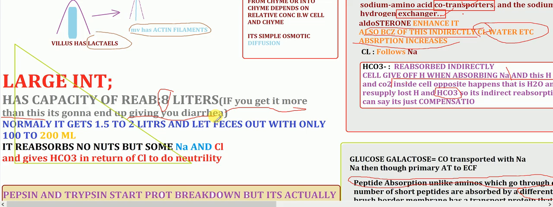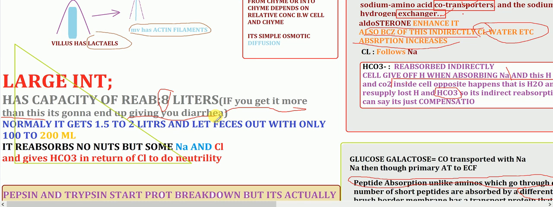If there is more than 8 liters of fluid in the chyme, the large intestine would fail to reabsorb all of it, and the feces would be in the form of loose motion, and the person would get diarrhea. So if someone asks you what the capacity is, it's 8 liters.